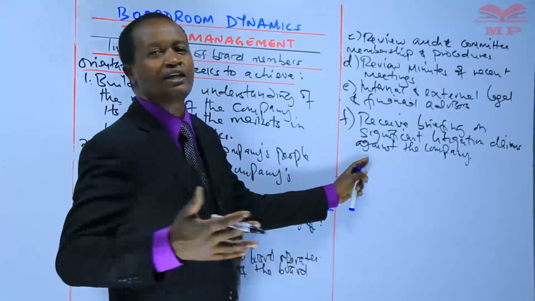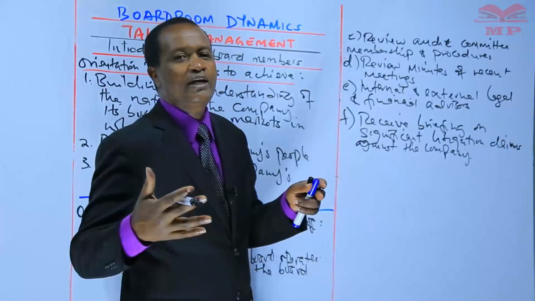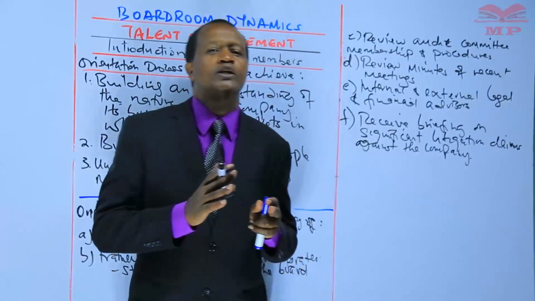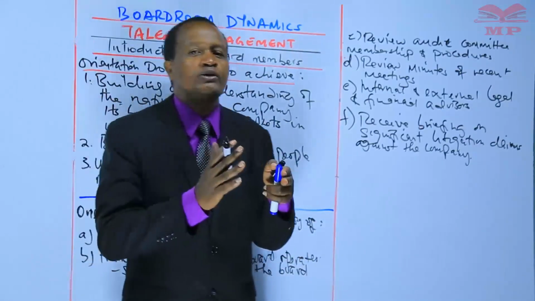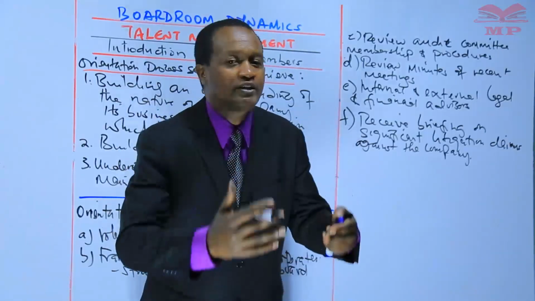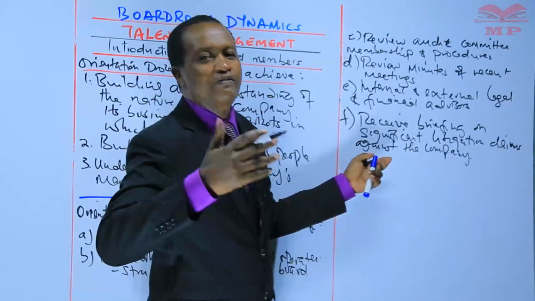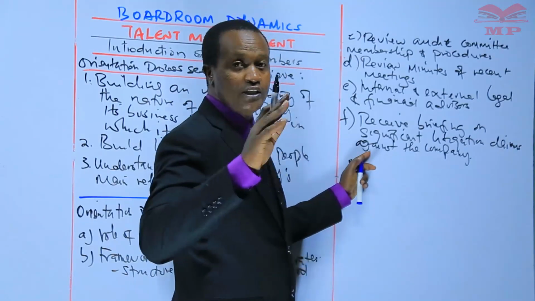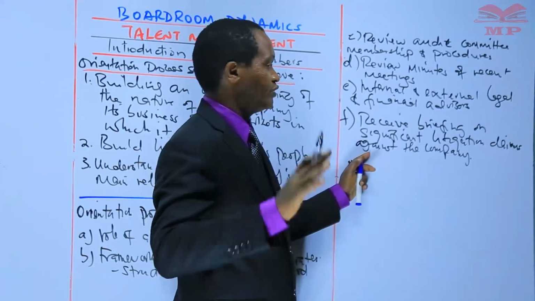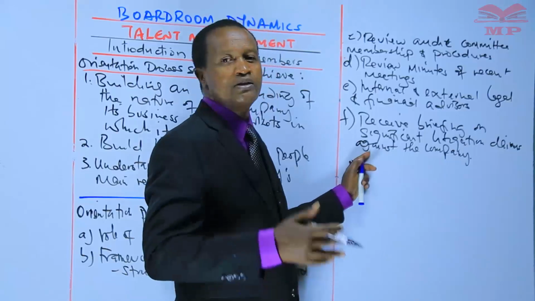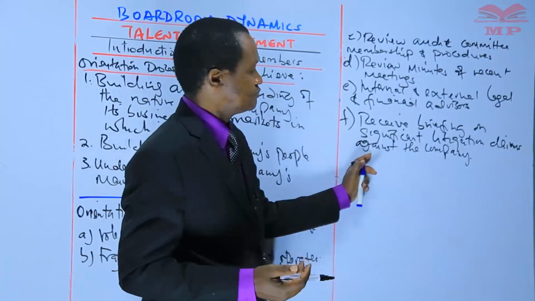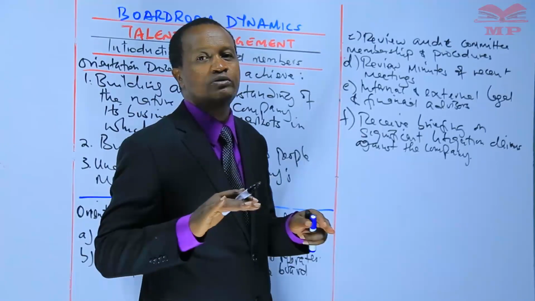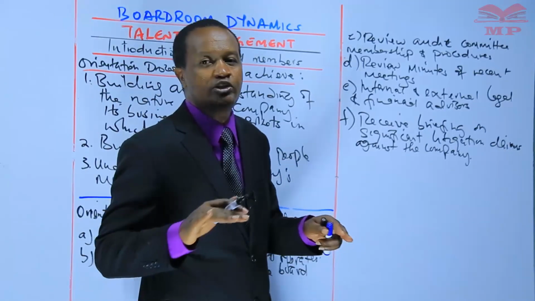And this is especially any that involves the activities of the board of directors, or involve any entity with which the prospective director is already affiliated. So he should receive briefing on significant claims or litigations at the introduction stage, at the orientation stage.